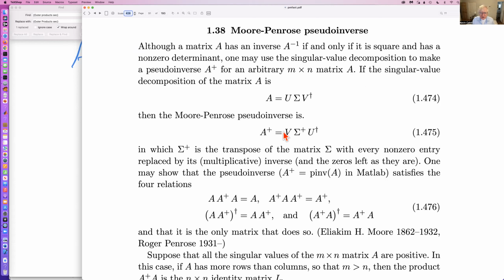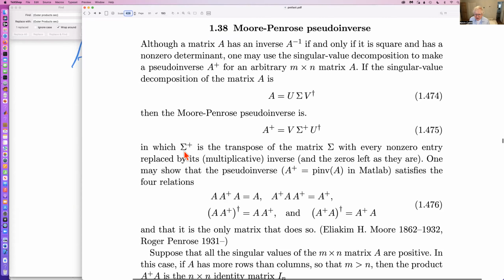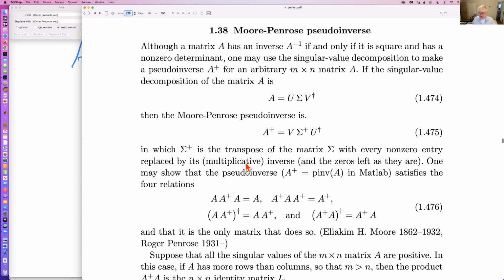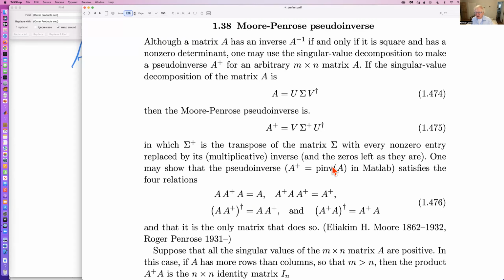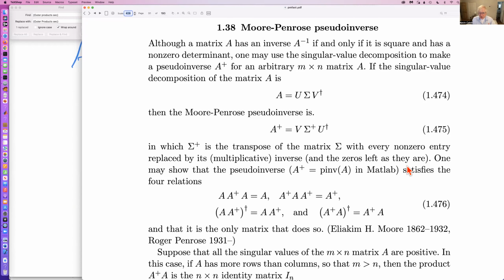So what you do is you take the singular value decomposition and you write the pseudo-inverse A plus as V sigma plus U dagger, and sigma plus is the transpose of sigma with every non-zero entry replaced by its multiplicative inverse. The zeros you leave the way they are, but you invert all the elements on the main diagonal.